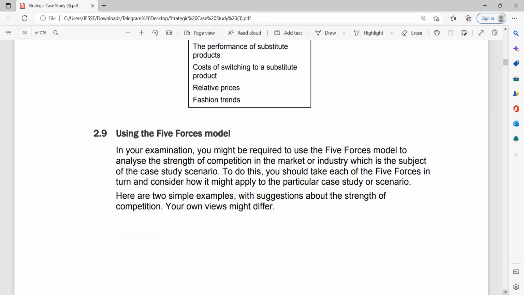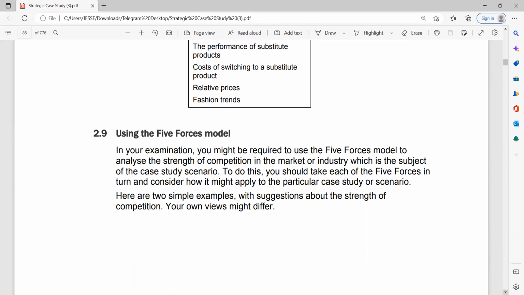So in your examination, you might be required to use what we call the 5 forces model. Basically here you are supposed to analyze the strength of the competition, which is very, very crucial, the strength of the competition in the market or the industry.